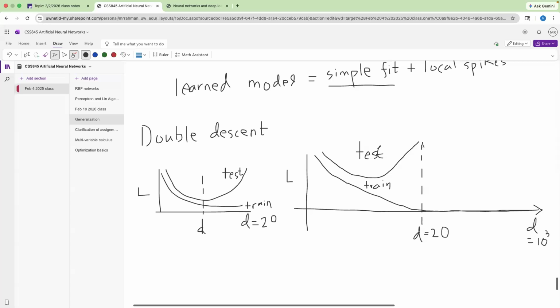And then we see another descent happening here. And that's the double descent behavior. This is called an over-parameterized region, where we have an extremely large number of parameters. And this, you can say, is where most of the modern networks like GPT lie, where we have billions of parameters.